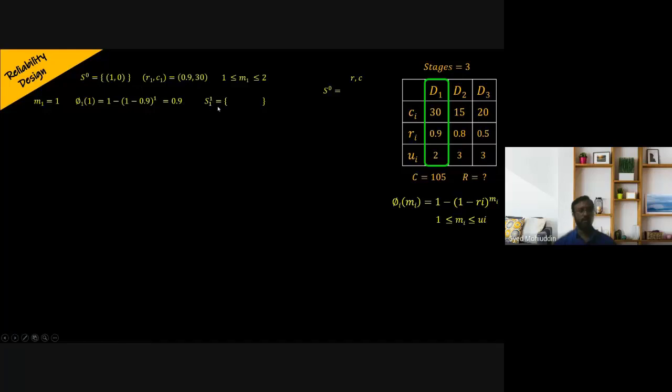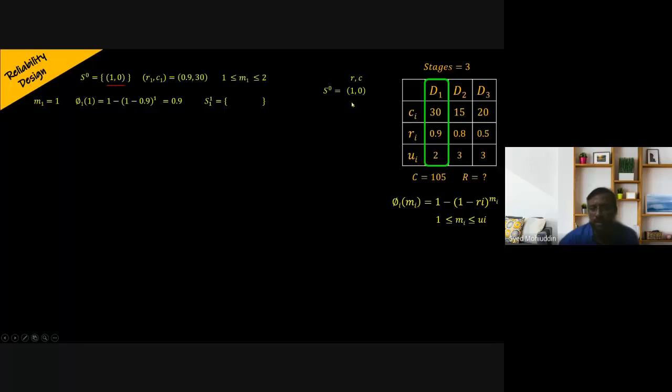So the S11 set is nothing but the set S0 with R1 comma C1 included. Here S0 is 1 comma 0, because we have to include this R1 comma C1 tuple in that.